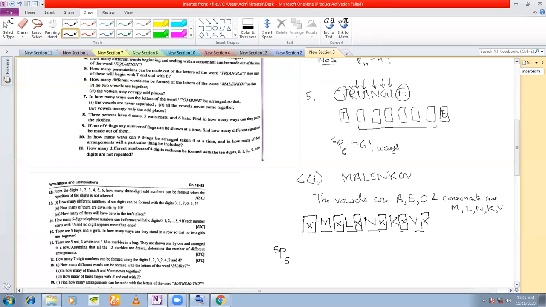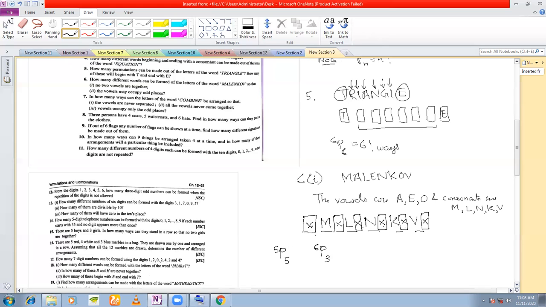I can place the 3 vowels in any of these places. That means how many places here? There are 1, 2, 3, 4, 5, 6 places. And how many vowels? Only 3 vowels. So now the 3 vowels can be placed in these 6 places in how many ways? 6P3 ways, right?